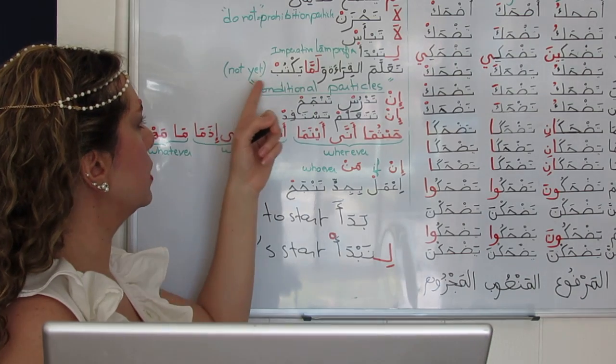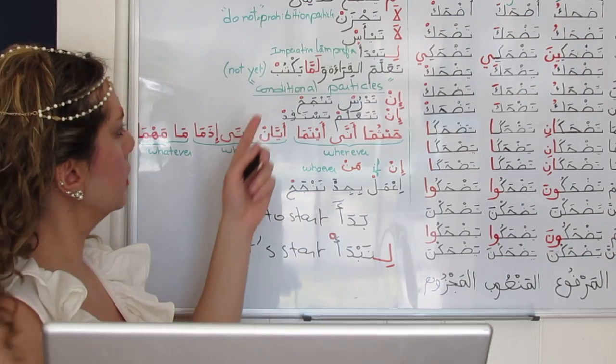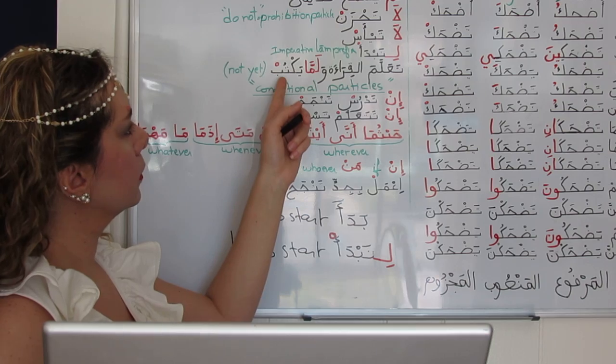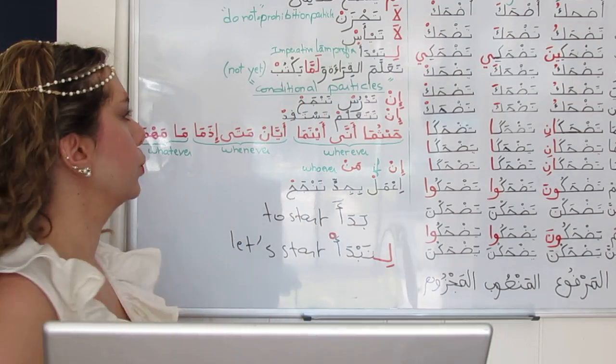So لما, not yet. يكتب, كتب, to write. And because of this particle, we have the verb in the jussive mood.